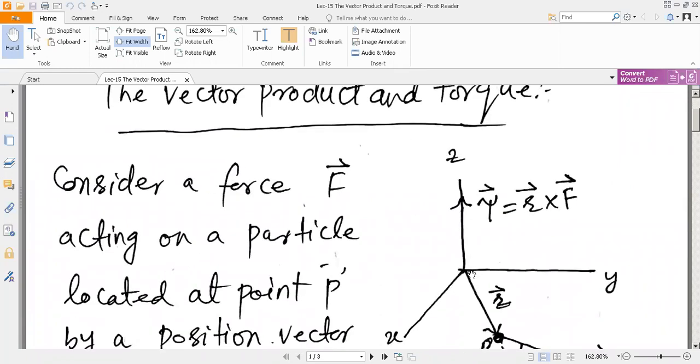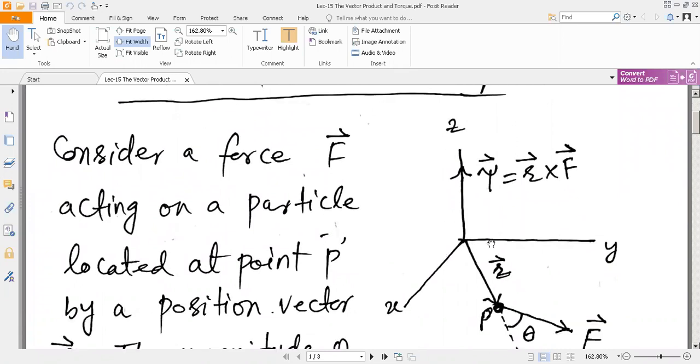For this purpose, we initially consider a coordinate system in which this is our point O, origin of the coordinate system. This is our x-axis, this is y-axis, and this is z-axis.